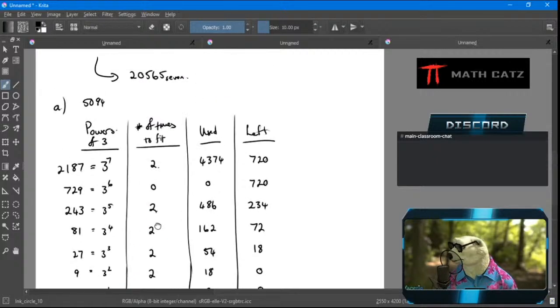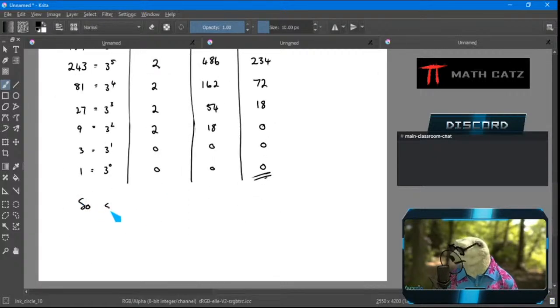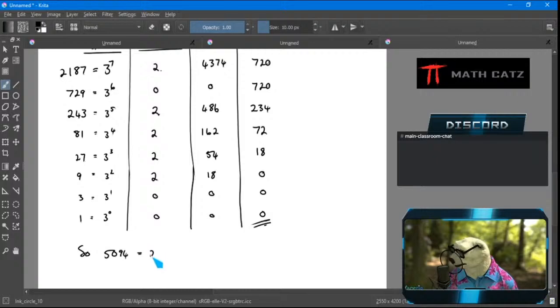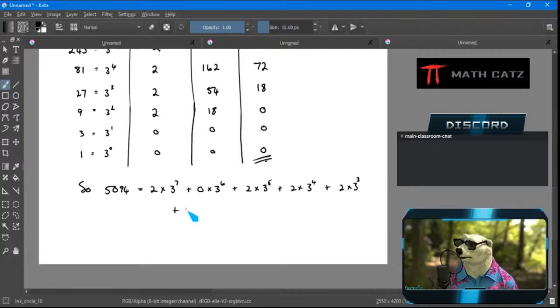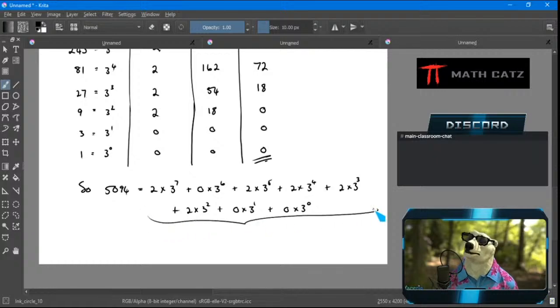So my number, 5094, is 2 times 3 to the power of 7 plus 0 times 3 to the power of 6 plus 2 times 3 to the power of 5 plus 2 times 3 to the power of 4 plus 2 times 3 to the power of 3 plus 2 times 3 to the power of 2 plus 0 times 3 to the power of 1 plus 0 times 3 to the power of 0.